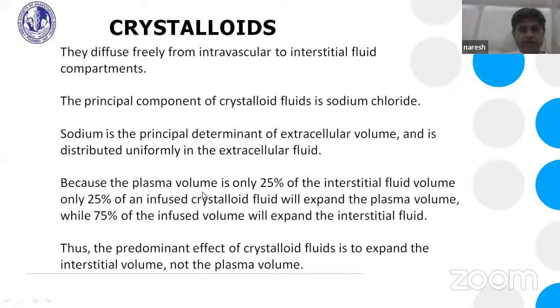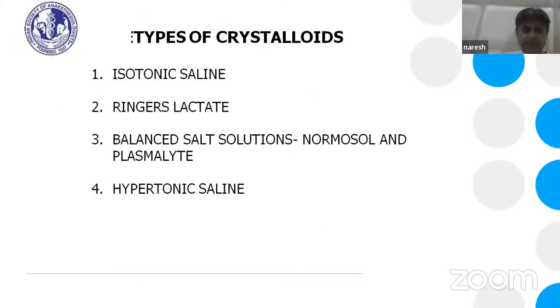Only 25% of the crystalloid fluid stays in the plasma volume, and the rest gets transferred to the interstitial fluid. So instead of increasing the intravascular volume, they increase more of the interstitial volume. They are isotonic saline, Ringer lactate, balanced salt solutions, and hypertonic salines.